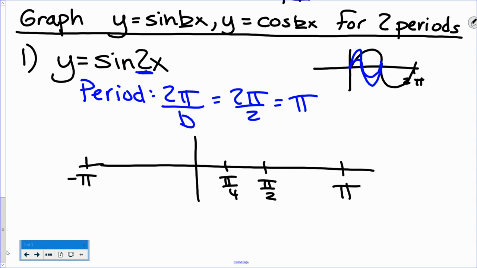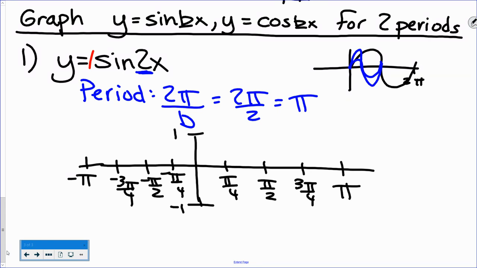So I'm going by fourths. 1/4, 2/4, 3/4. And backwards. Negative pi over 4, negative pi over 2, negative 3 pi over 4. Okay, my amplitude is still 1. So the highest it'll go is 1, the lowest it'll go is -1.